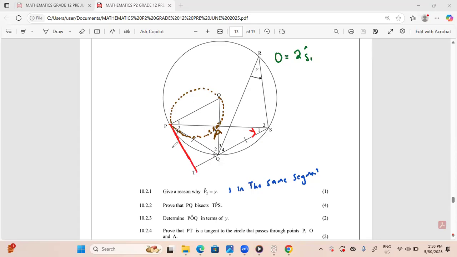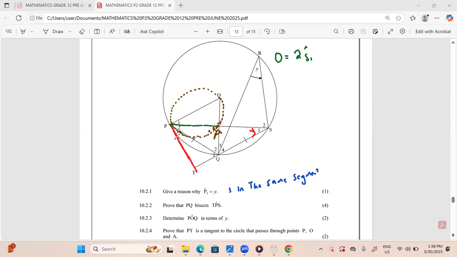So it's very important to identify the chord of this invisible circle, which will also touch my red line, which I'm thinking of as the tangent. So my chord in this case is this line PA. If indeed there is a circle passing at P, O, A, my chord will be PA.